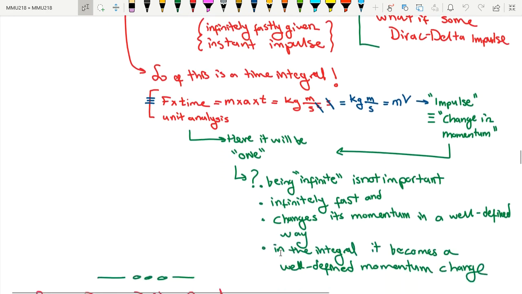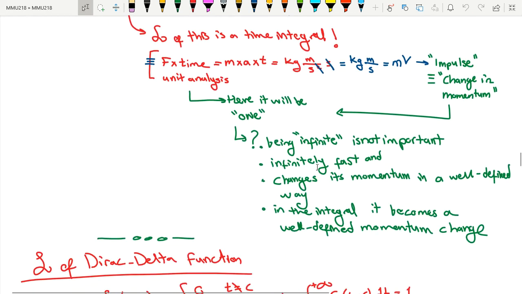So being infinite is not that important. It's infinitely fast, yes, that I accept, but it changes the momentum of my mass in a very well-defined way.